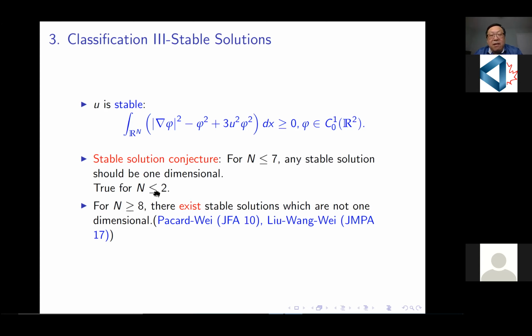And in dimension greater than 8, we have a counterexample. So in between, dimensions 3, 4, 5, 6, 7 is completely open.